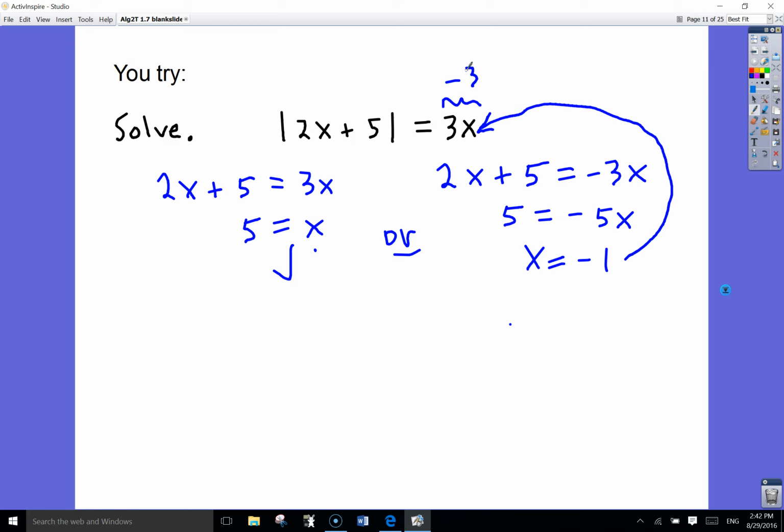No. Absolute values always produce positive numbers. So I don't really have to check what's on the left-hand side. There's no way it's going to equal negative 3. So this is the extraneous solution right there, which means that the only solution is x equals 5.